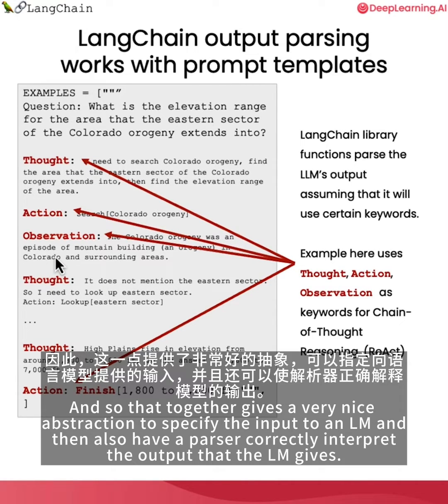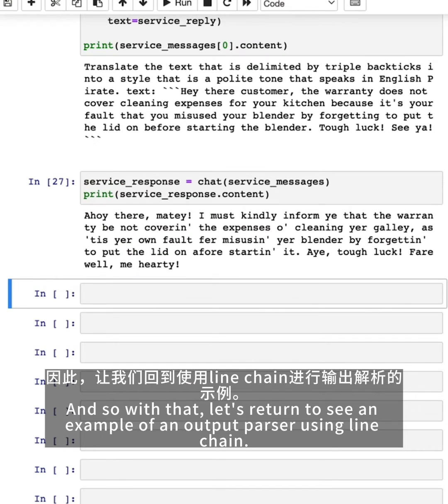And so that together gives a very nice abstraction to specify the input to an LLM, and then also have a parser correctly interpret the output that the LLM gives. And so with that, let's return to see an example of an output parser using LangChain.